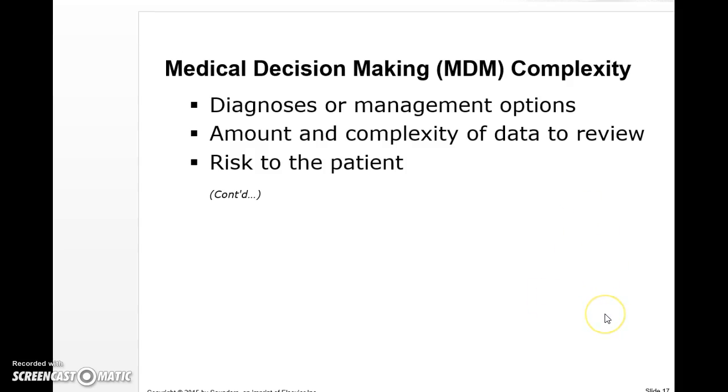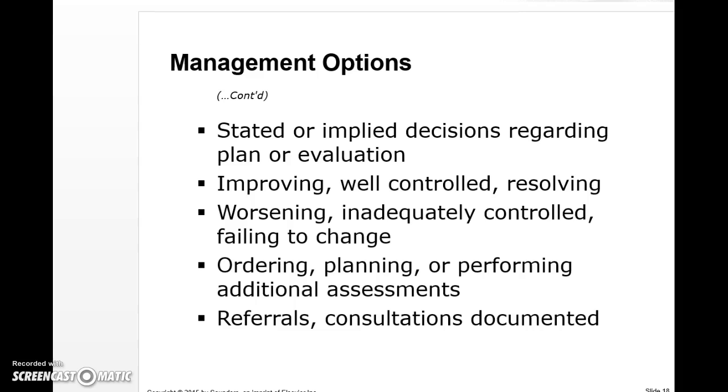Next, we have medical decision making. The complexity of medical decision making is based on the diagnosis or management options, amount and complexity of data to be reviewed, and the risk to the patient. So let's take a look at management options.